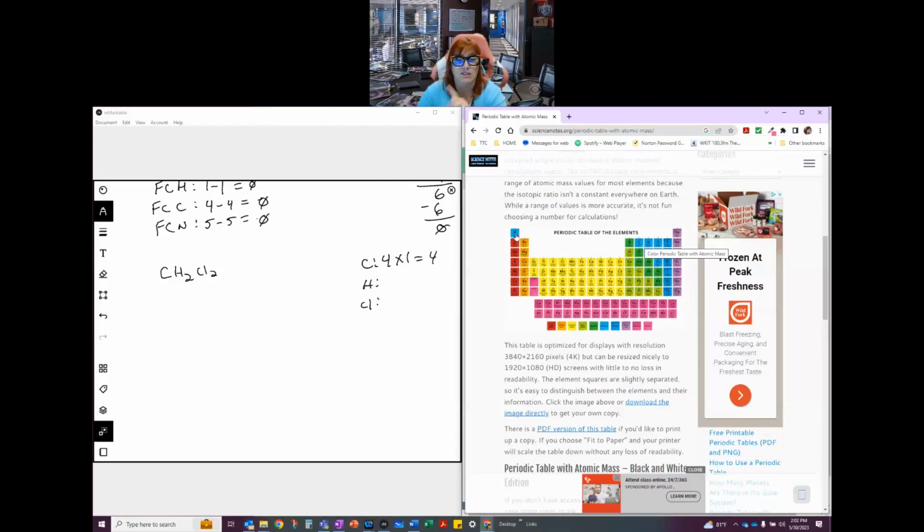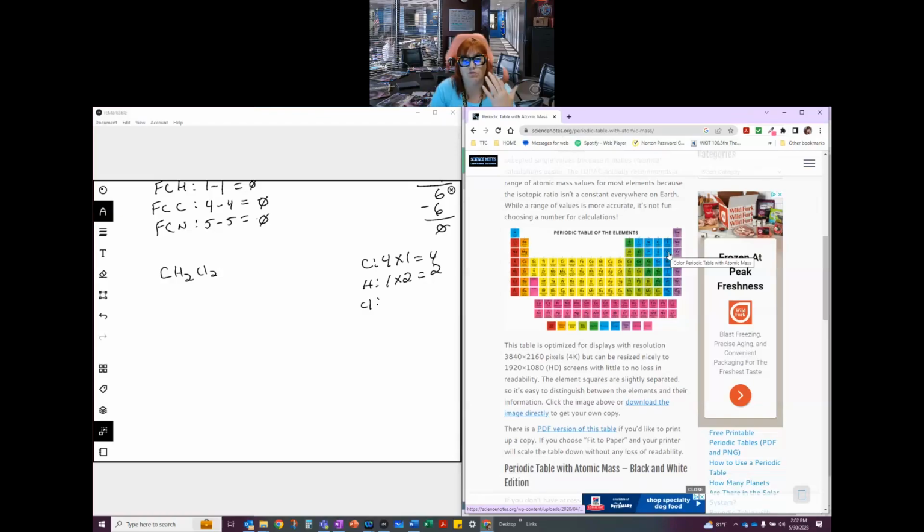Hydrogen is right here. Now, since he's number 1, I would expect him to be a 1s1. So each one of them has 1 electron. There are 2 of them, total of 2 electrons brought to this party. And when we talk about chlorine, chlorine is over here. He's just before argon. So he's in the third row. So I would expect him to be a 1s2, 2s2, 2p6, 3s2, 3p5. 1, 2, 3, 4, 5.